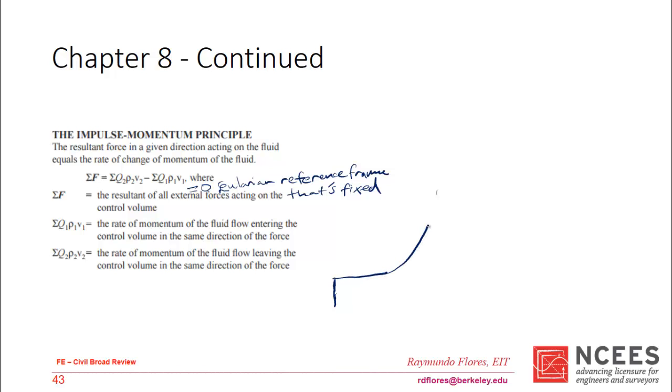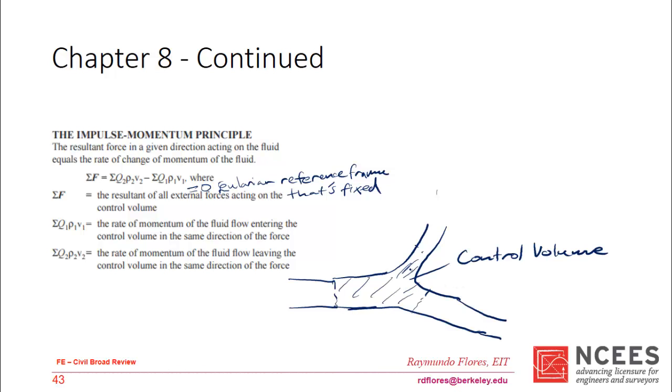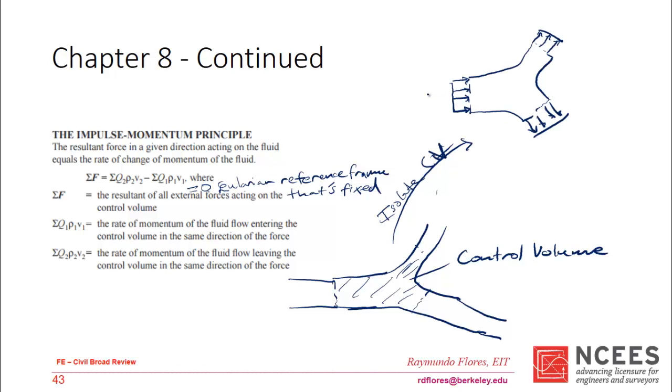Let's pretend that the angle this velocity vector makes with the horizontal is beta, and we're just given it. And this angle with the horizontal is alpha. Then the sum of the forces in the x direction is going to be, you're going to subtract, because it has to do with adding vectors.